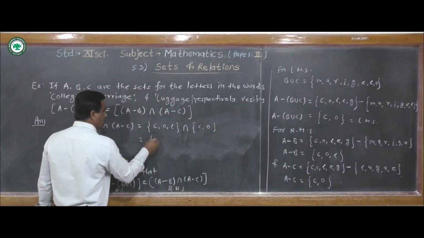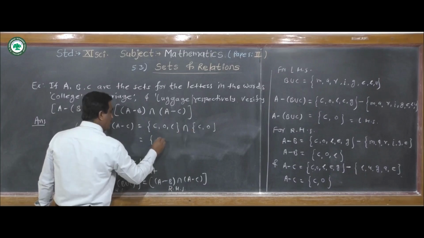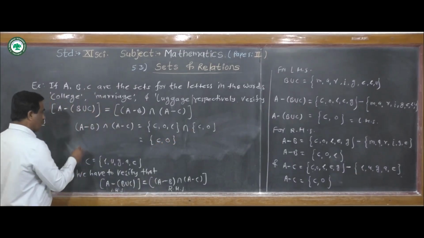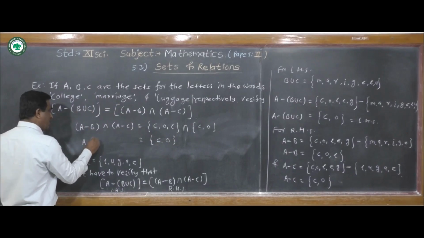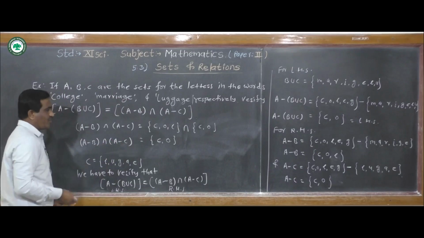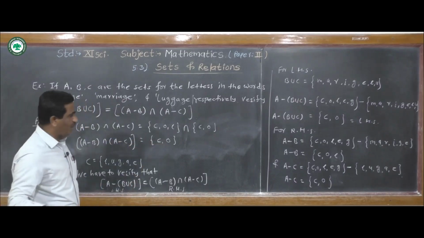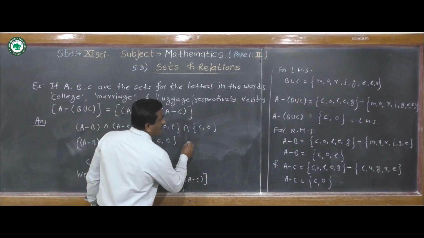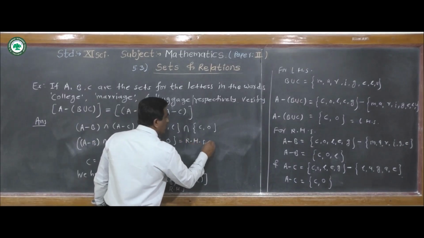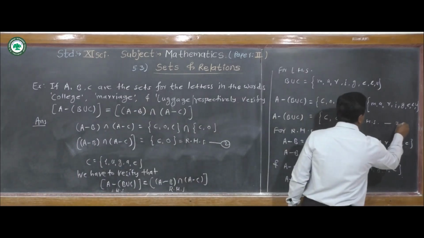Therefore, the intersection of these two sets is elements C comma O. That is, we get A minus B intersection A minus C is equal to, in curly bracket, C comma O. We can say this is equation number second, equal to RHS, and this is the equation first.